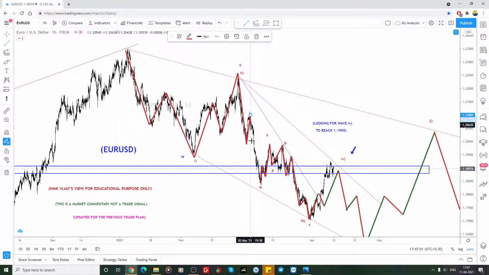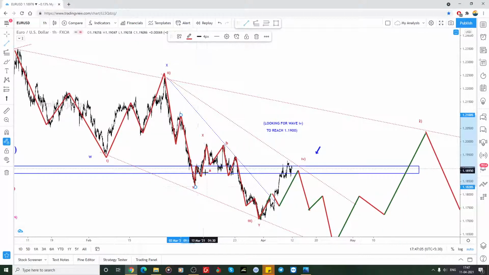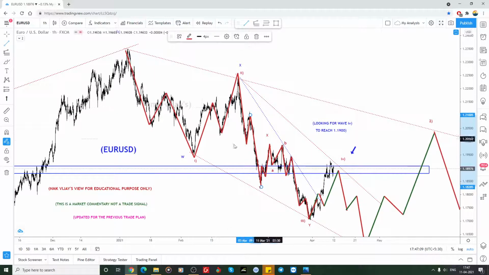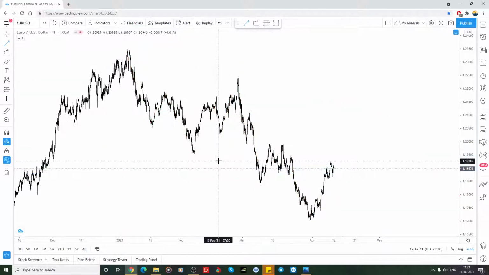In DXY it is not identified, but in EUR/USD it's identified. ABC is a 4, ABC is a 5. If I hide this 1, 2, 3, 4 and 5, perfectly it's a five-wave structure in a leading diagonal. It's already happened.